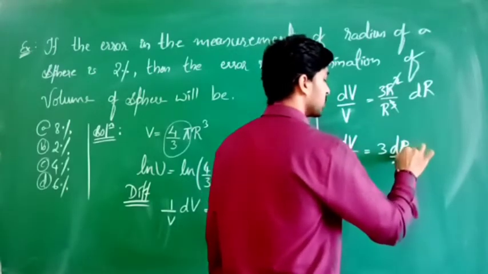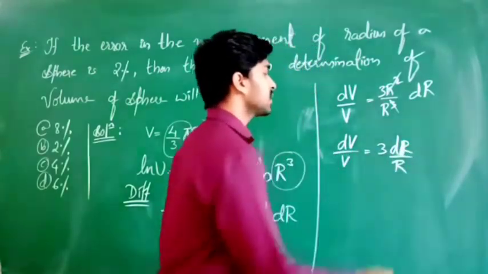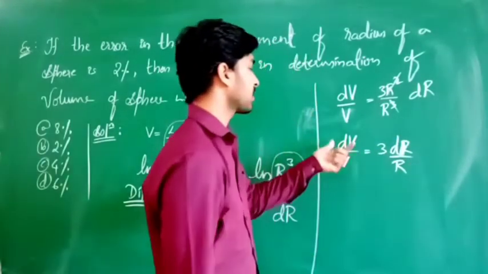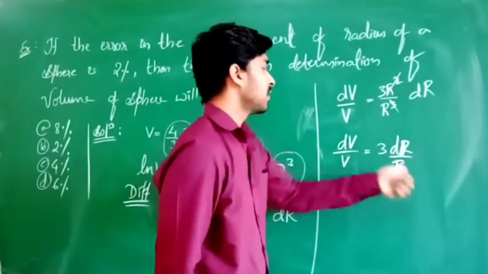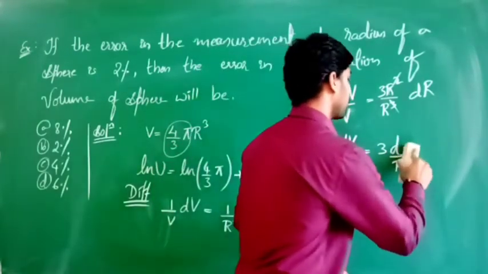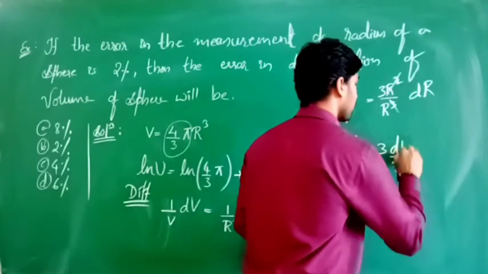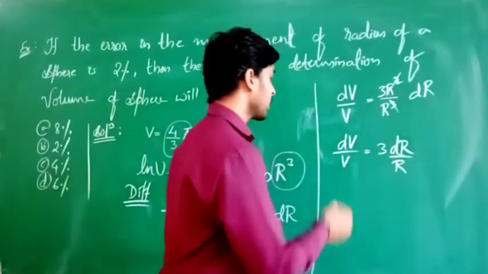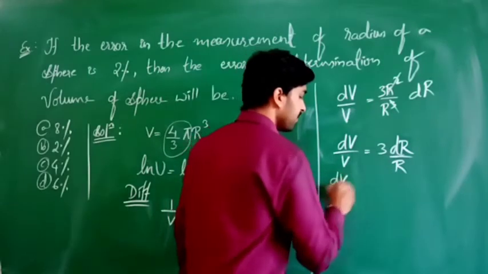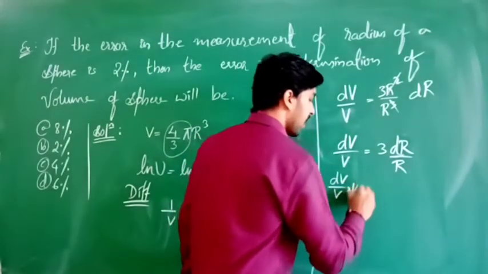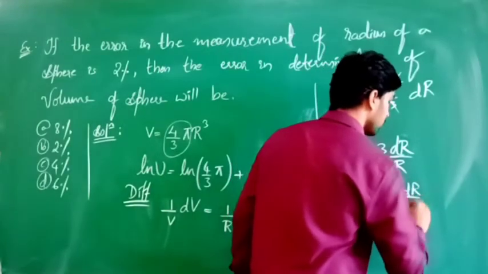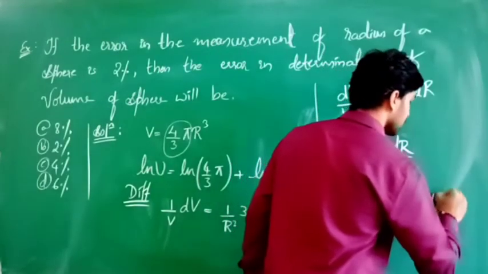So now, what is this? We got only a relative error, correct? delta V by V and delta r by r. Clear? So I have to take it in the manner of percentage error, which means dV by V into 100% is equal to 3 dr by r into 100%.